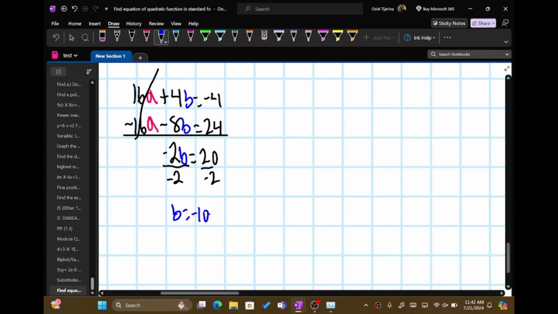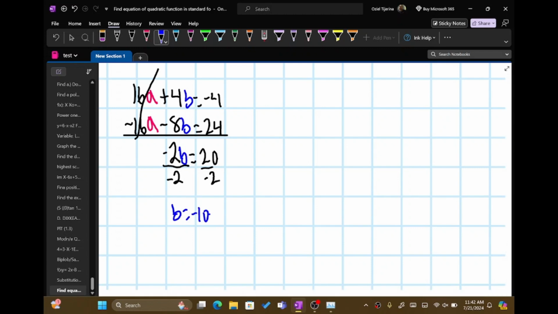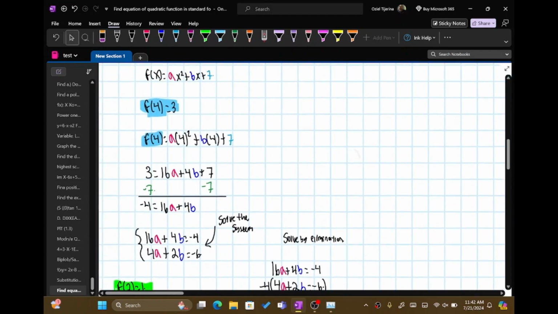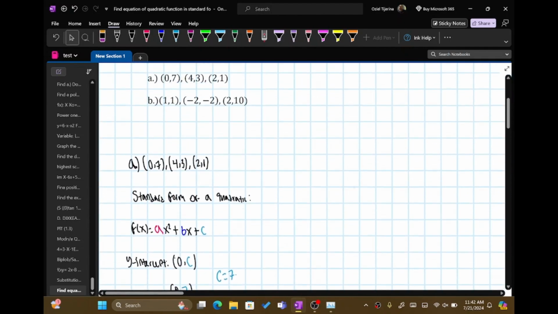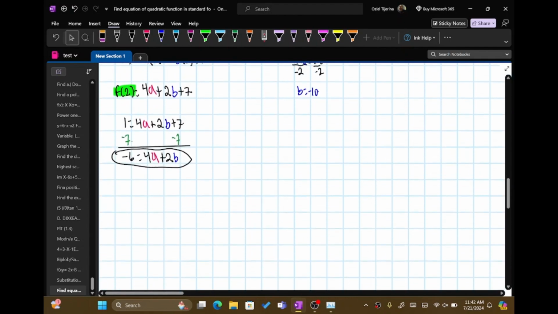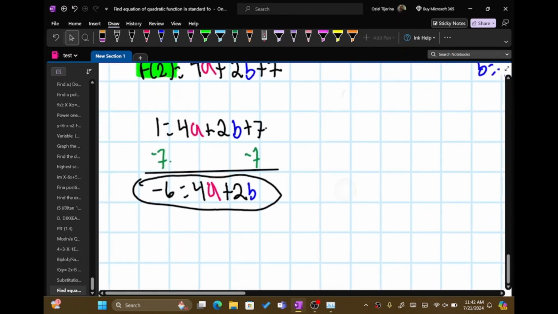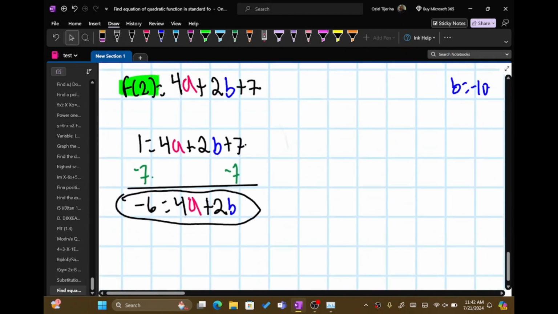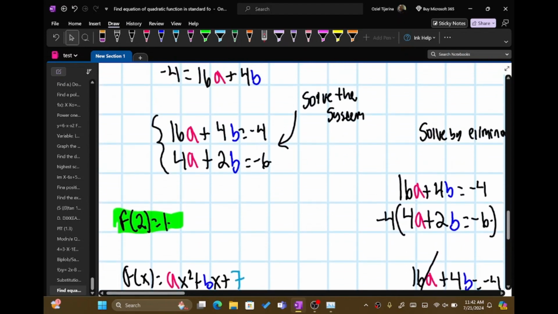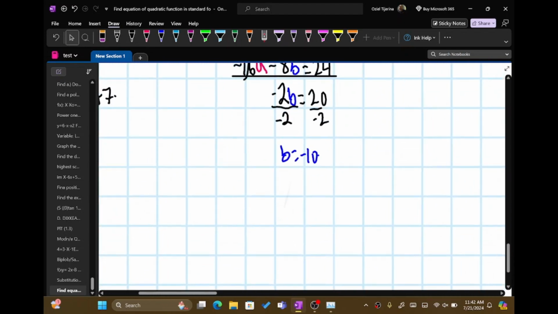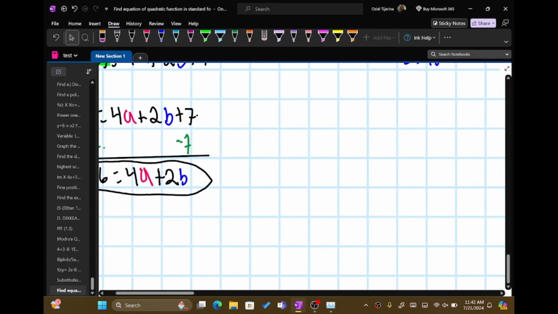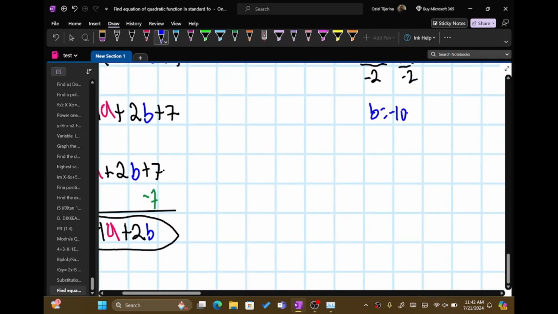So that is how we do that one. And now we're going to substitute this into one of the originals. So this is going to go right here.